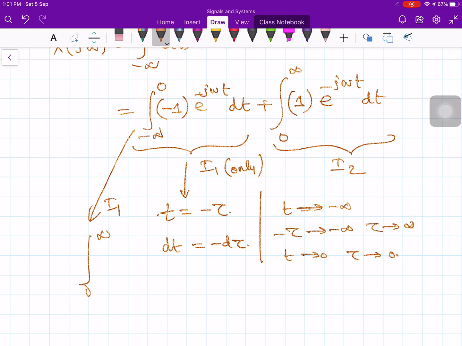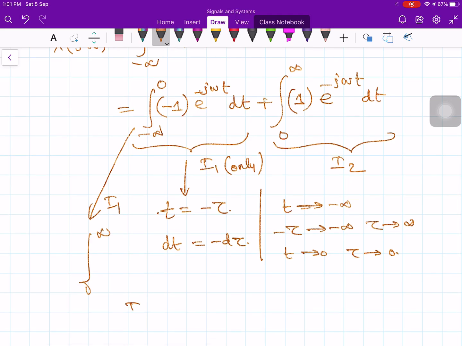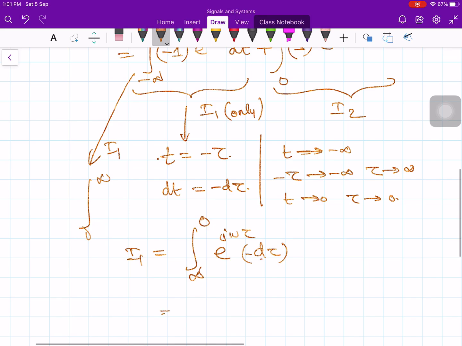Therefore your I1 integration becomes the integral from plus infinity to 0, with e to the t becoming minus, therefore e to the j omega tau, times minus d tau. I take this minus outside, integral of e to the j omega tau d tau, and the limit is infinity to 0.